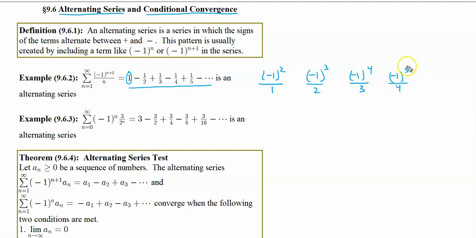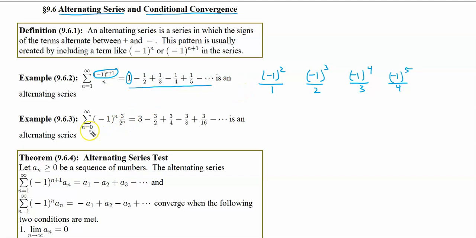Since this is an odd power, this is going to be -1 over 4, and so you get -1/4. And then you'd get +1/5, -1/6, and so on. So you see how that (-1)^(n+1) power is creating the alternating sign pattern.